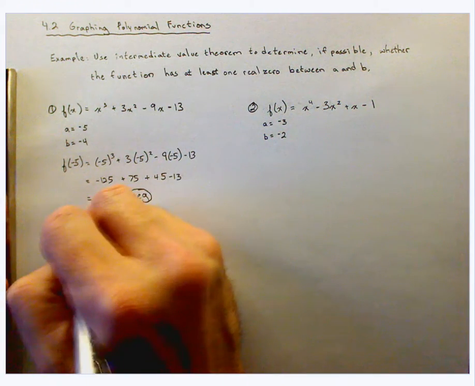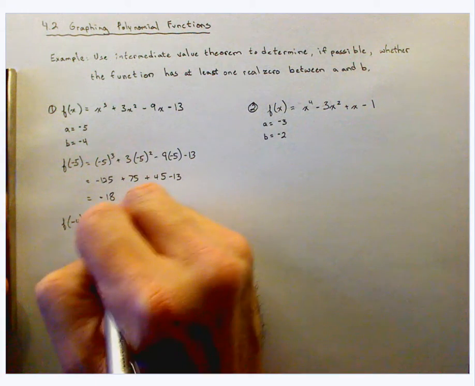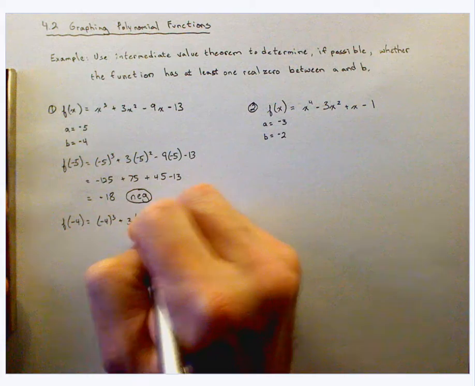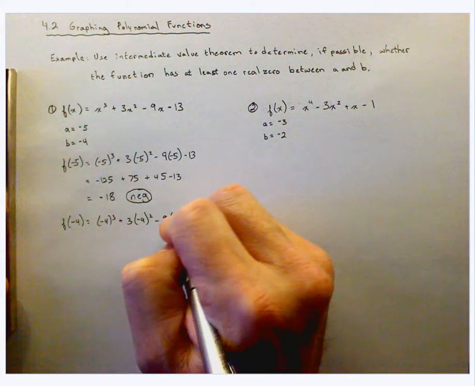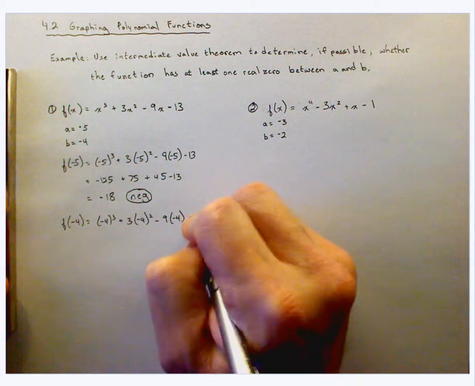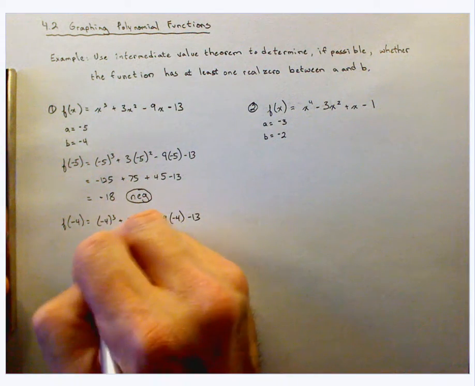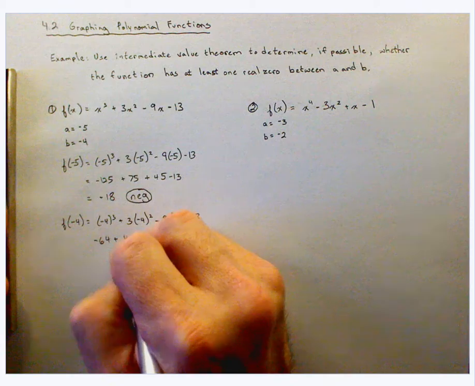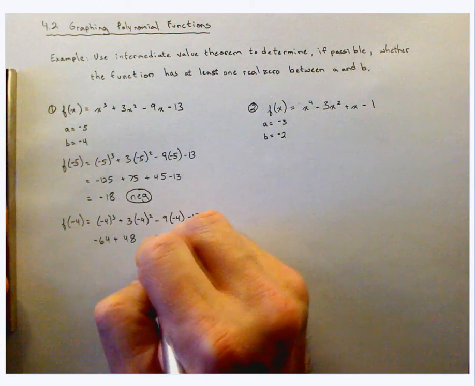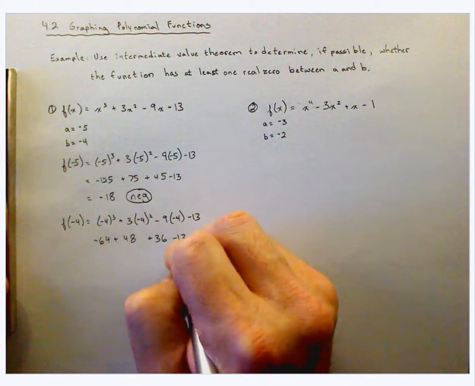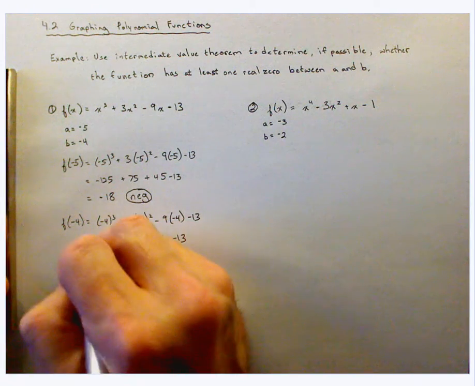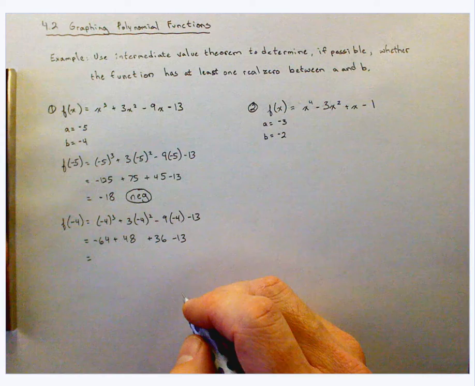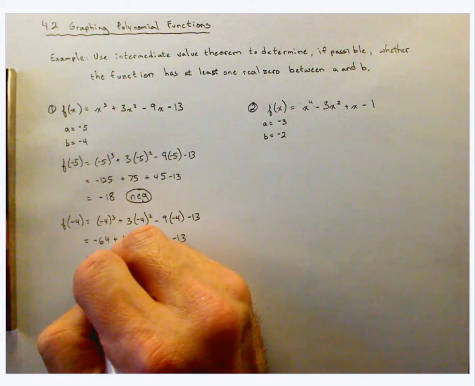And f of a is negative 4. And then 70, so 7.